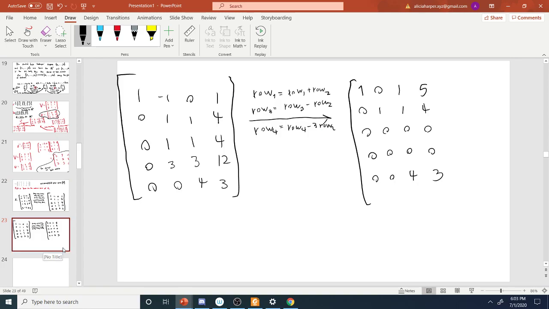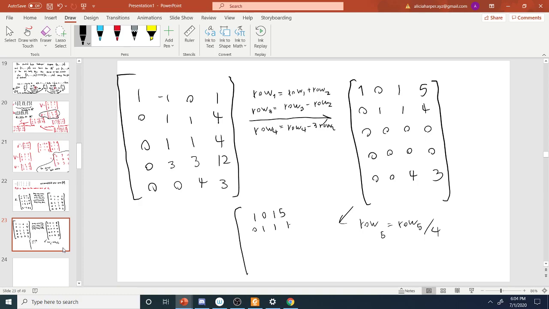Okay. So next thing I'll do is I will simply set row 5 to be equal to row 5 divided by 4, in which case I'm going to get the matrix 1, 0, 1, 5, 0, 1, 1, 4, 0, 0, 0, 0, 0, 0, 0, 0, 0, 0, 1, 3/4.